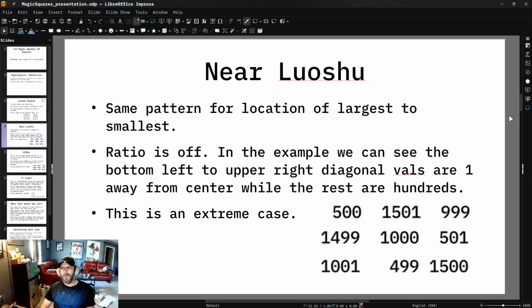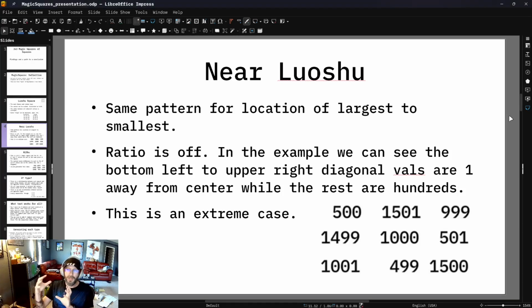The next type we're going to talk about is the near Loshu, and as you can see in the bottom right hand corner, it is like the Loshu where the middle values are in the same spot. Essentially, if we looked at the smallest value and the highest value, the 1 and the 9 would be in the same spot, the second highest and third highest would be in the same spot, and so on.